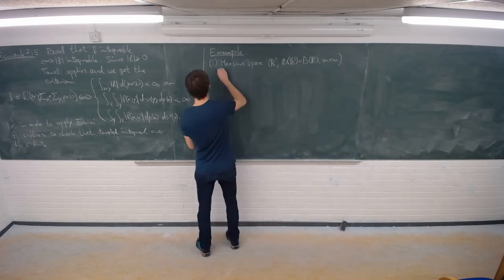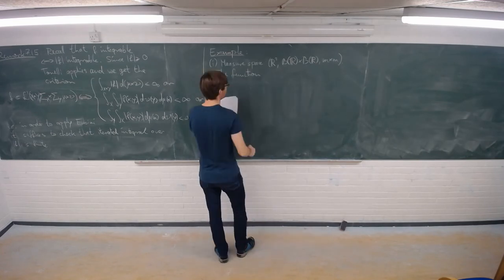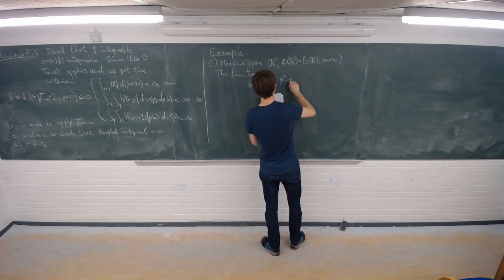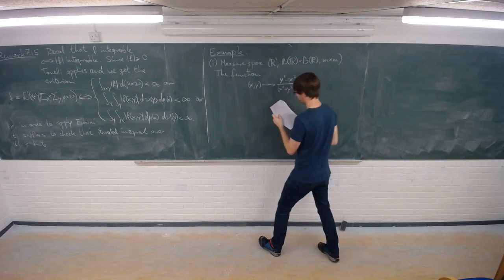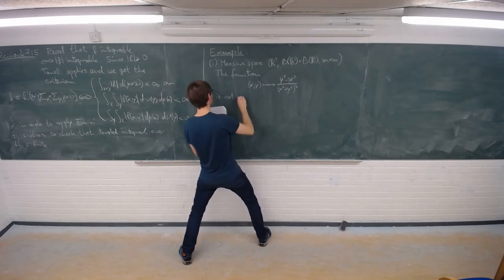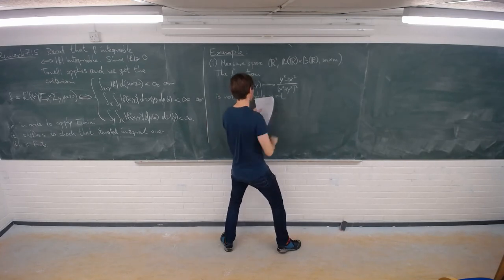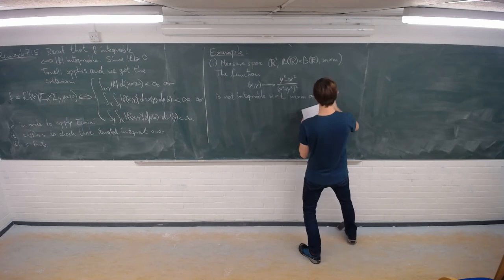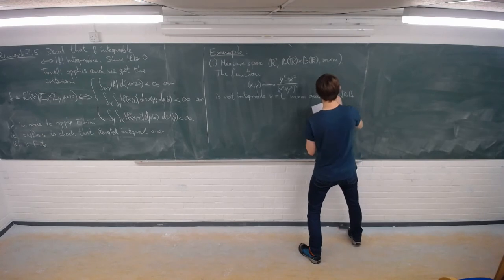Then I claim that the function that sends (x, y) to (y squared minus x squared) divided by (x squared plus y squared) squared is not integrable with respect to this product measure over the square [0,1] times [0,1]. Okay.